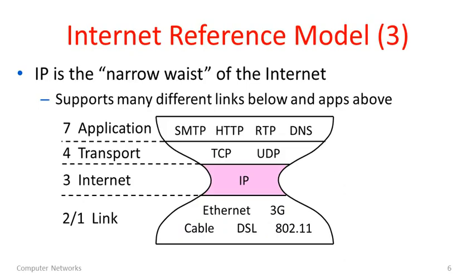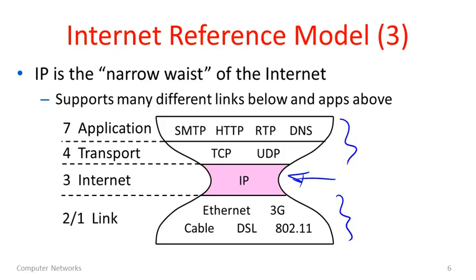Now, I've drawn it in this fashion to show you that IP here is the narrow waist of the internet, because if we always use IP as a standard reference for the network layer position here, as we do in the internet, then we're able to use a diversity of different technologies below and a diversity of different applications above.